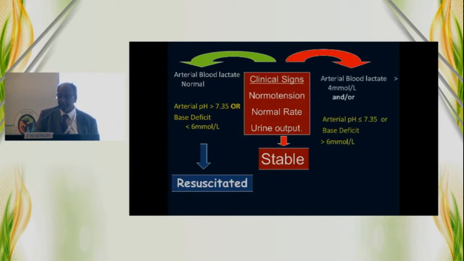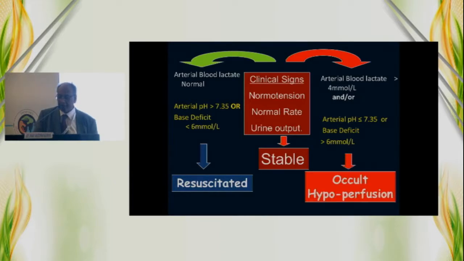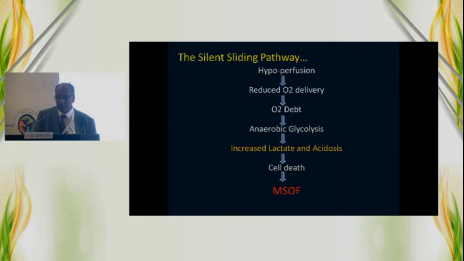If these are not adequately corrected, he is suffering from what we call occult hypoperfusion, and you need to take action to prevent the problems that result from it, which is the silent sliding pathway. You get hypoperfusion, you get reduced oxygen delivery.